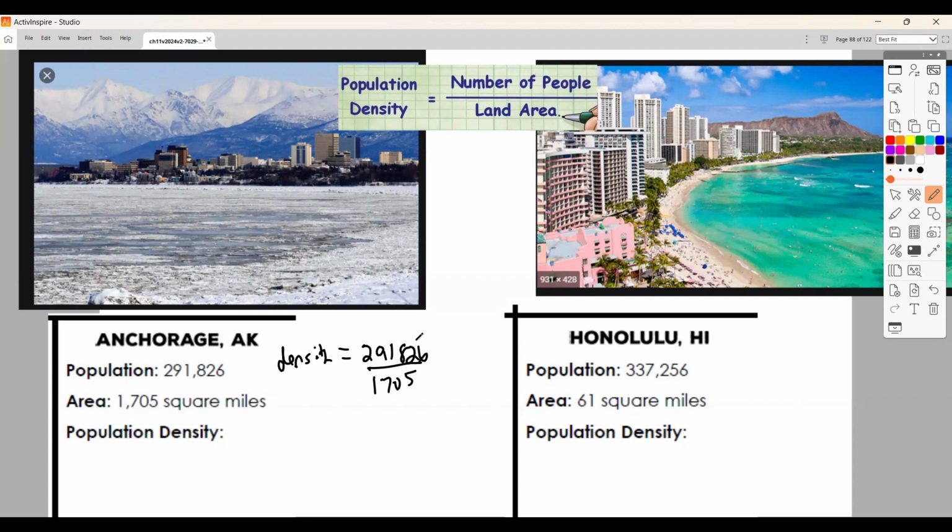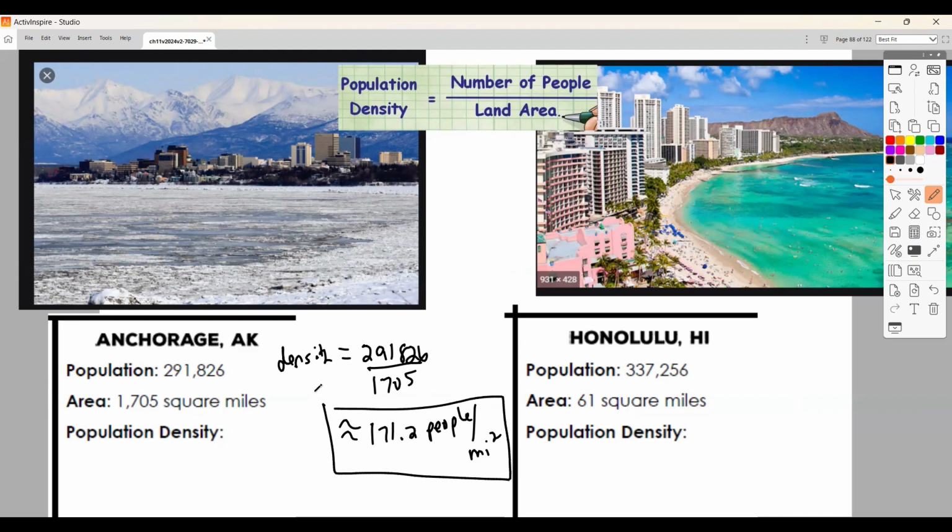If you divide that, the population density of Anchorage, Alaska would be approximately 171.2 people per square mile. Make sure you always refer to the units whenever you're talking about density.